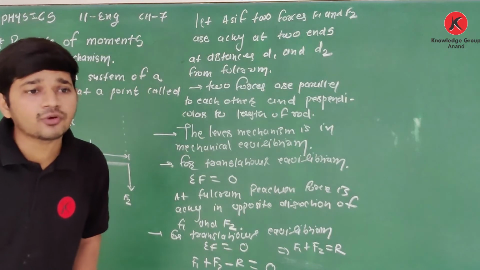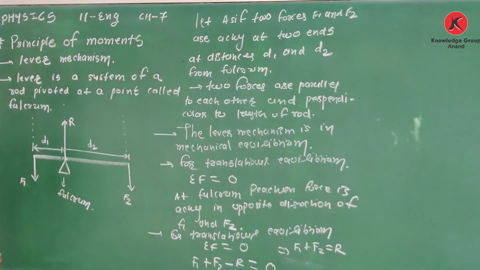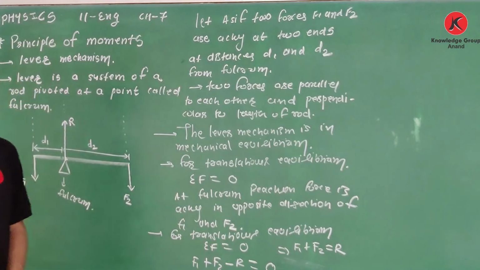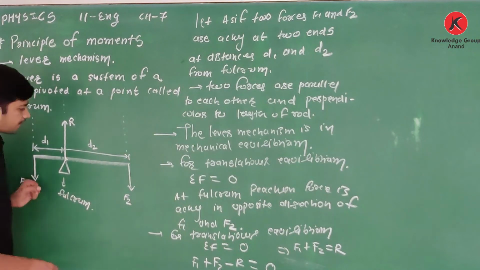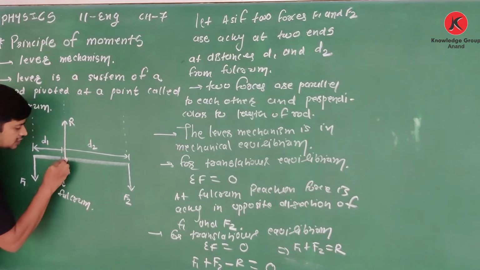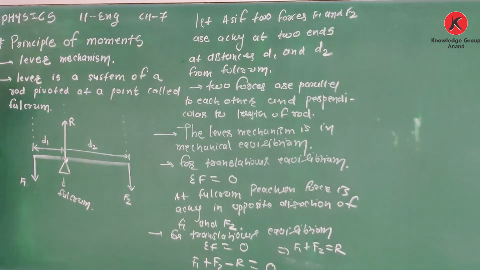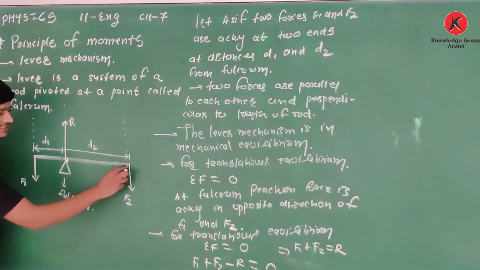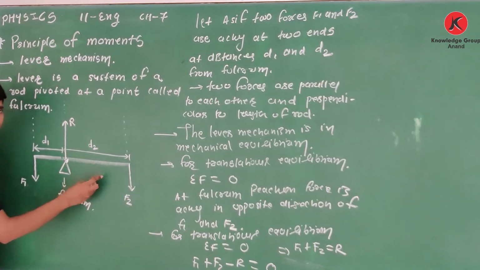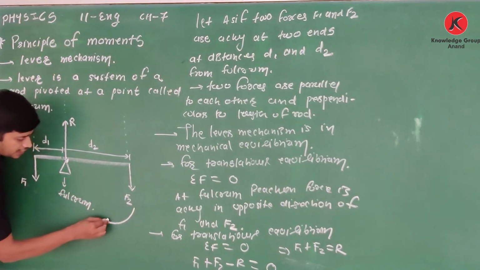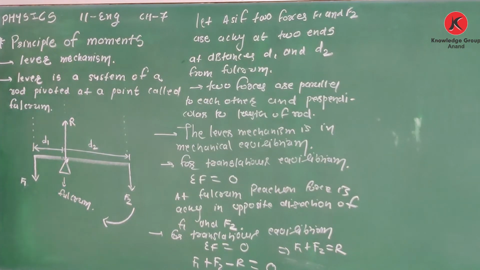But torque is a vector quantity. What is the direction of torque? See what happens here. About this point, due to this force F2, this lever mechanism will rotate in this direction. Yes or no? Yes, it is.